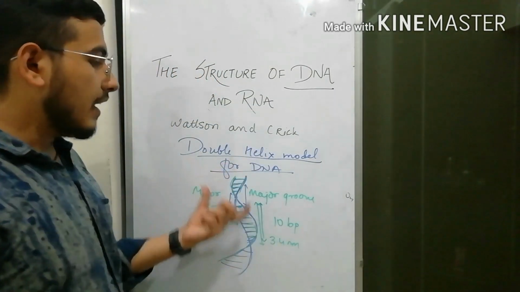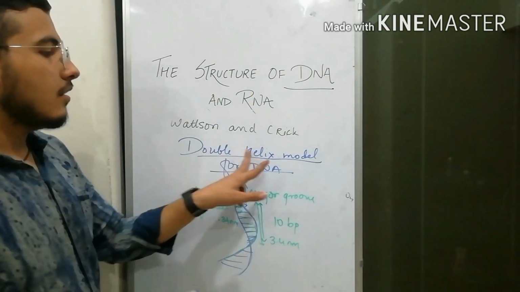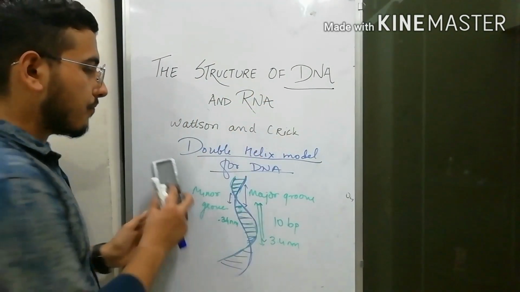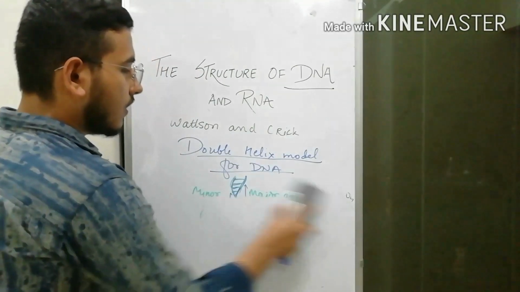This is the double helix model proposed by Watson and Crick. This is basic, and we can learn it from the book also.